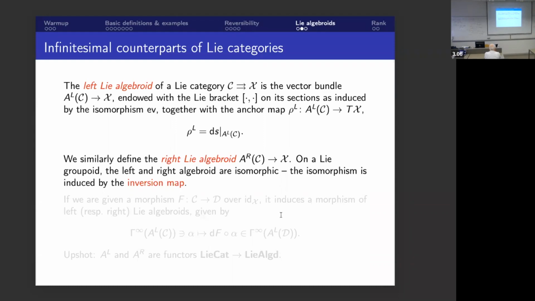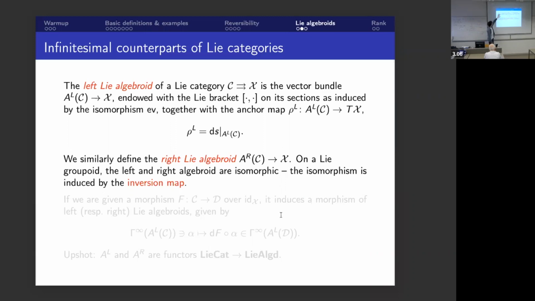This is just the disjoint union of the kernel of dt restricted to 1_x. Basically, I'm just restricting the kernel of the differential of the target map to my units, which are embedded objects in my category, as stated before.